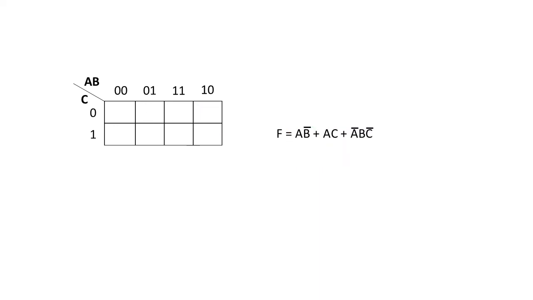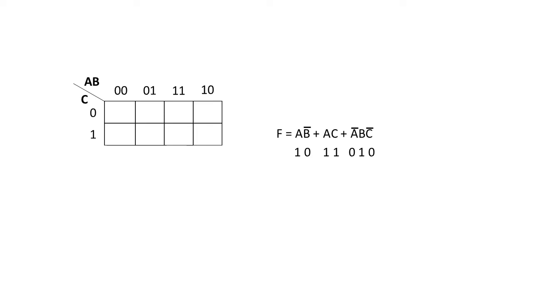Now let us understand with another example. See the function f equal to A B naught plus A C plus A naught B C naught. Let us talk about the first term, A B naught.